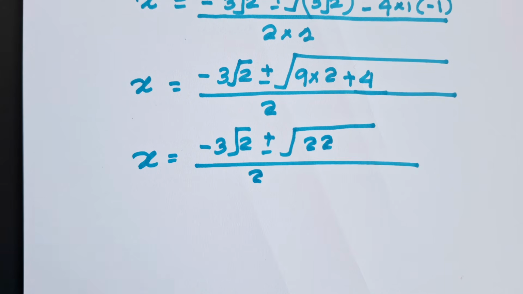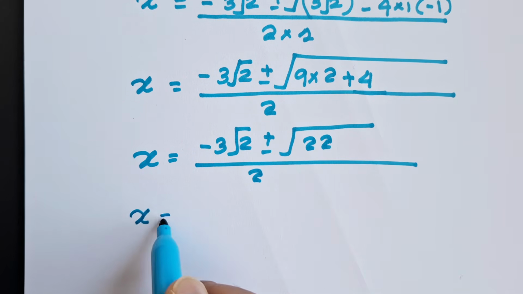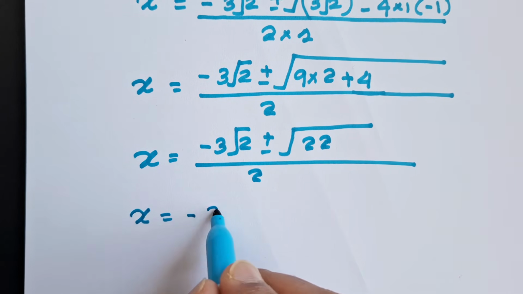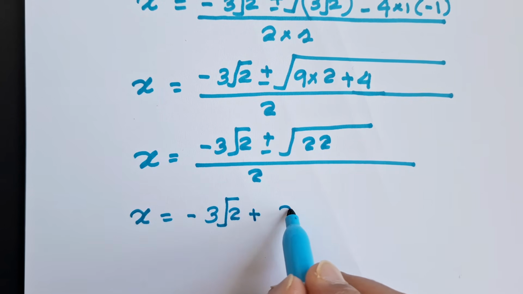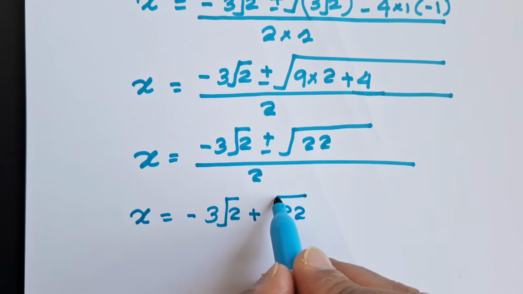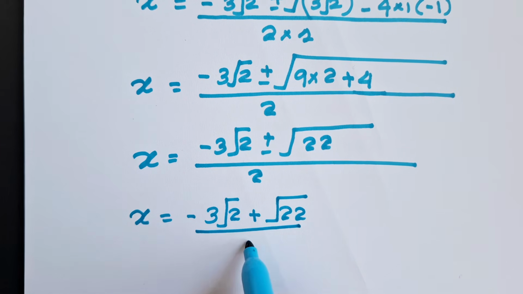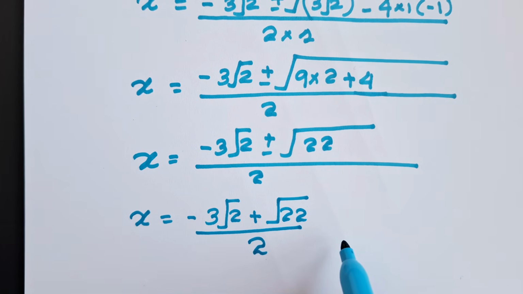Now we have two solutions for x. My first solution is x equal to minus 3 times square root of 2 plus square root of 22, divided by 2.